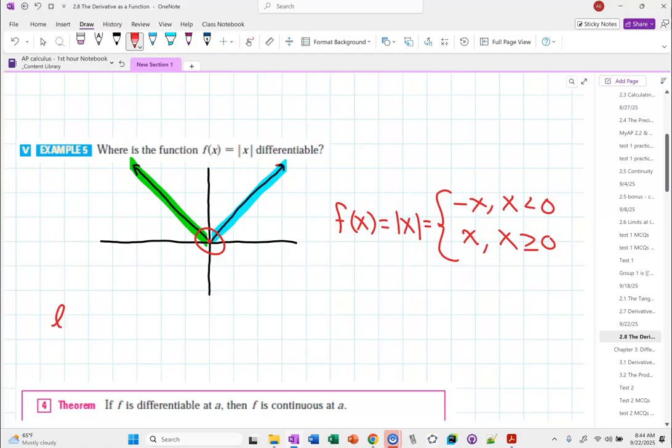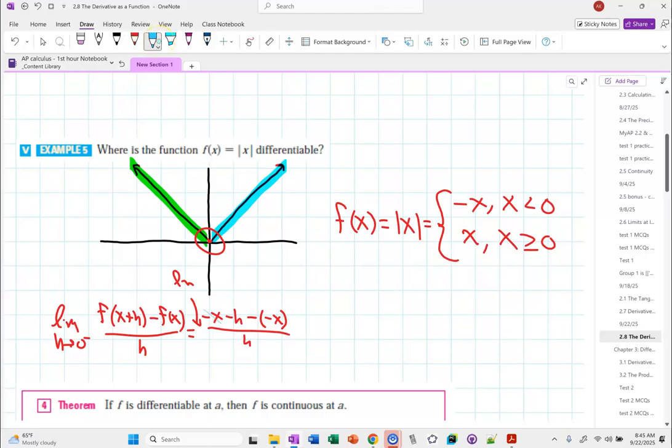So if I look at the limit as x approaches h from the left, I know I need to use a left and right hand limit because it's a piecewise function. So I would have f of x plus h minus f of x over h. So I'd have negative x minus h minus negative x all over h.